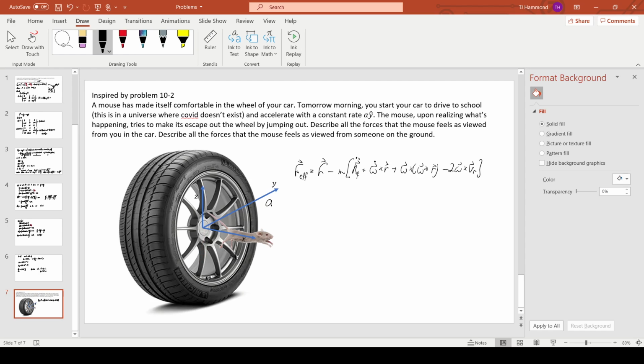We're going to have some gravity acting on this mouse, right? So that will be the real force. This is going to be negative mg in the z-hat direction.